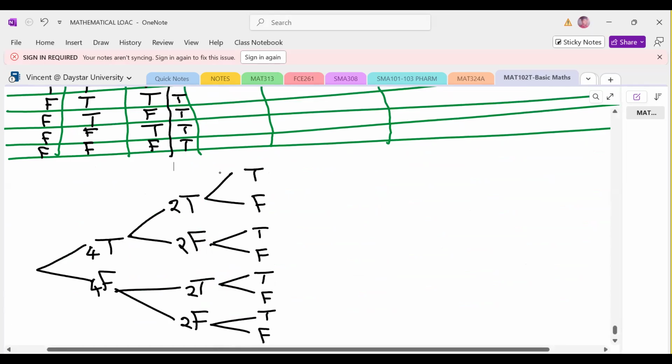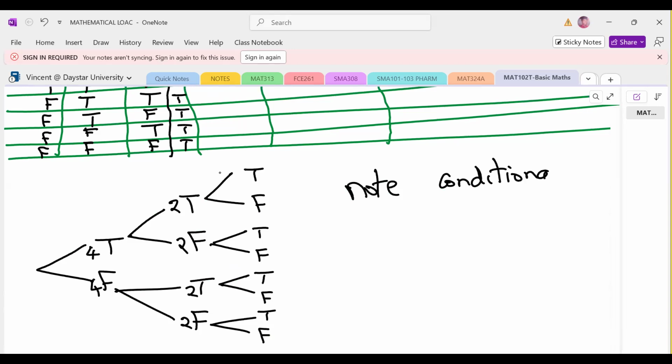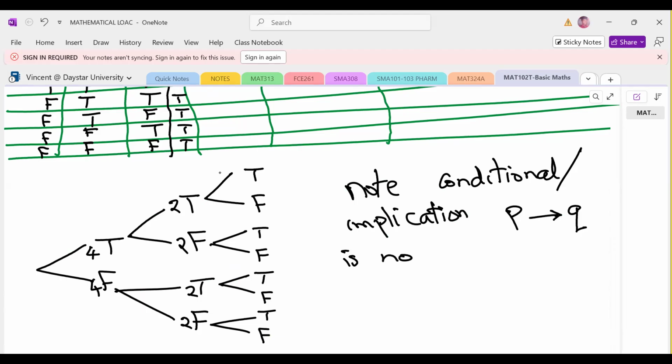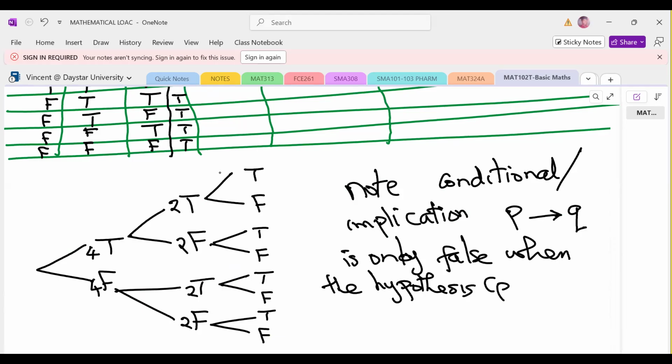So here now, please note the conditional, what we call implication. When we have this statement, P implies Q, it is only false when the hypothesis in the first statement, in this case P, is true, but the conclusion is false.